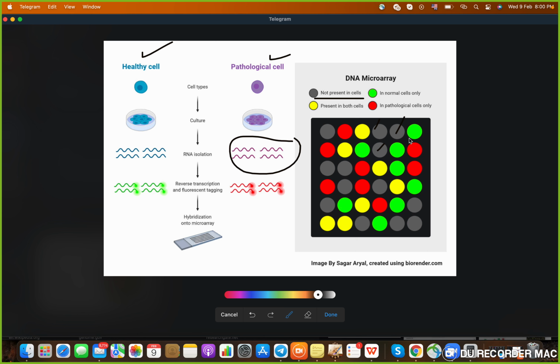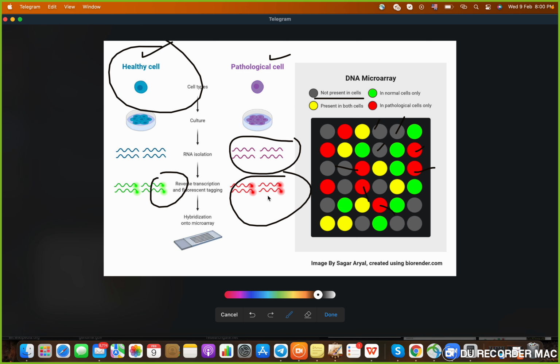In normal cells only, this is the greenish one. As you see, that was the healthy one, it had the green color. So that will have the green. The red ones are the totally cancerous cells, as you can see here, right? And the yellow ones have both healthy and cancerous cells inside of the agar.